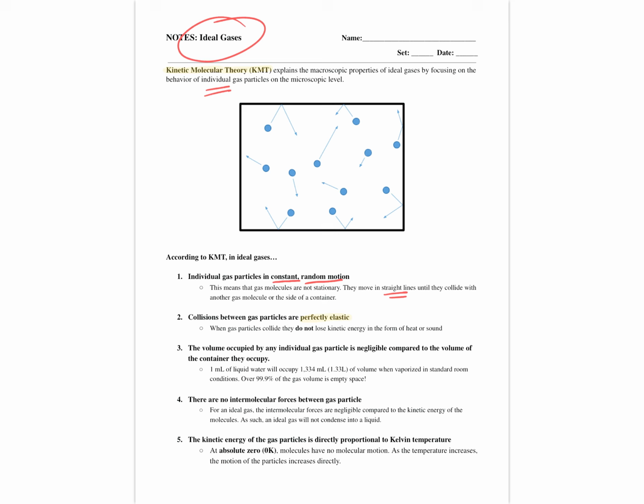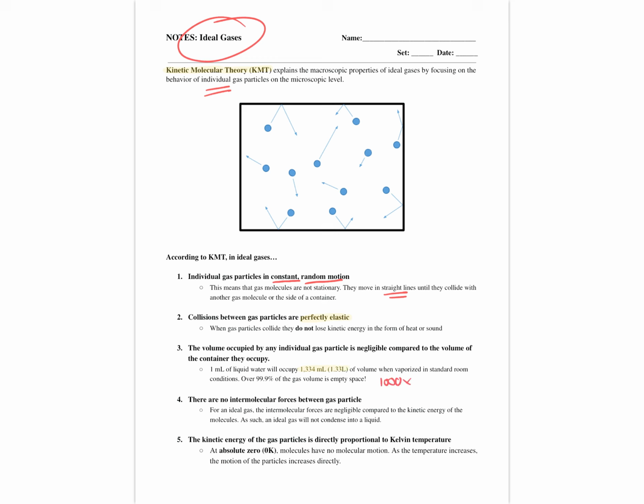According to KMT, individual gas particles are so small compared to the overall volume of the container they fill, so much so that their volume is negligible. The best way to illustrate this is the fact that 1 milliliter of water in the liquid state, when vaporized, would occupy 1,334 milliliters of volume.